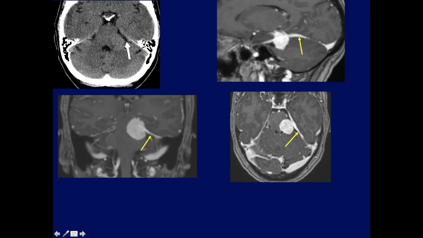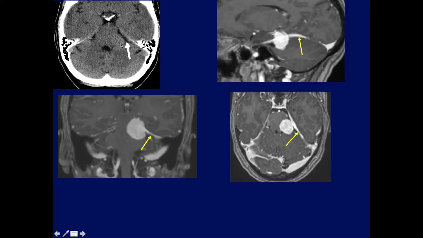This is a classic sign for an extraaxial lesion pushing the brain, and this especially was useful when we used to do myelograms for spinal tumors, that it was always an extraaxial lesion displacing the cord, or here the pons, that you get widening of the subarachnoid space on the side of the lesion.